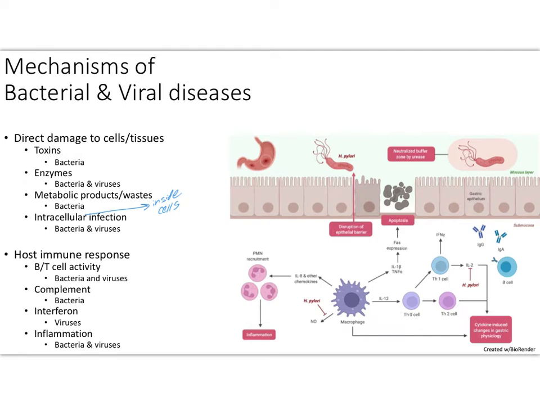Another big way that bacteria and viruses cause damage to our body is actually not something that they necessarily do directly, but it is our response to them. Both bacteria and viruses tend to result in a lot of B and T cell activity. Although they are very different types of microorganisms, they are also both very different from the eukaryotic cells that make up our body.